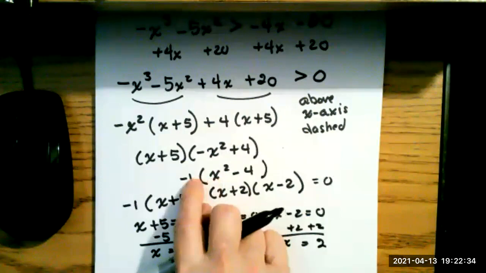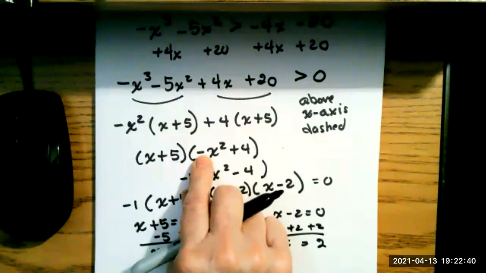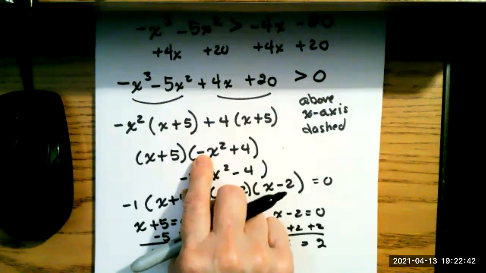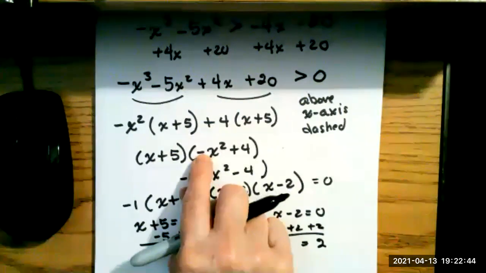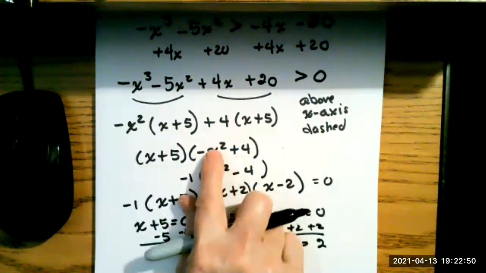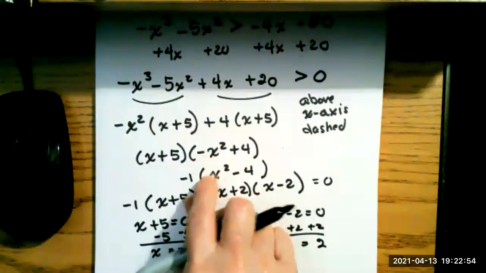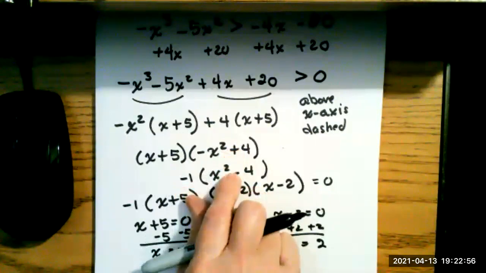We didn't multiply it. We took out a common factor of negative 1 because I wanted my binomial to look like a difference of squares like I'm used to seeing. So if I take out a negative 1, it'll change the sign to a positive, and it'll change this sign to a negative.